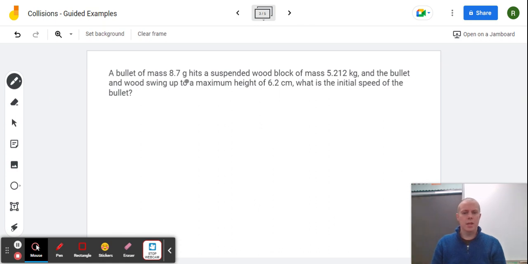Okay. So we have a bullet of mass 8.7 grams. So we have the mass of our initial object. And a wooden block with a much higher mass.